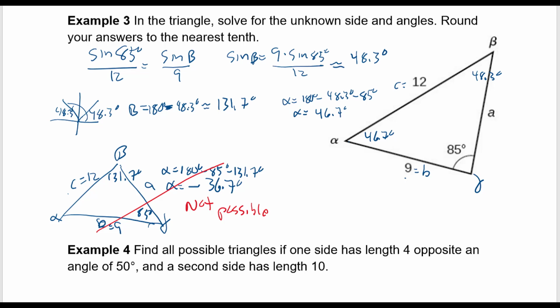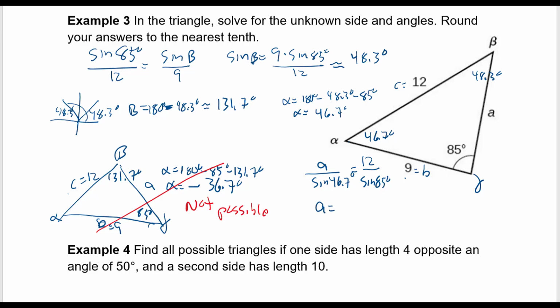So let's find the A now. So we would do A over sine of 46.7 degrees equals 12 over sine of 85 degrees.